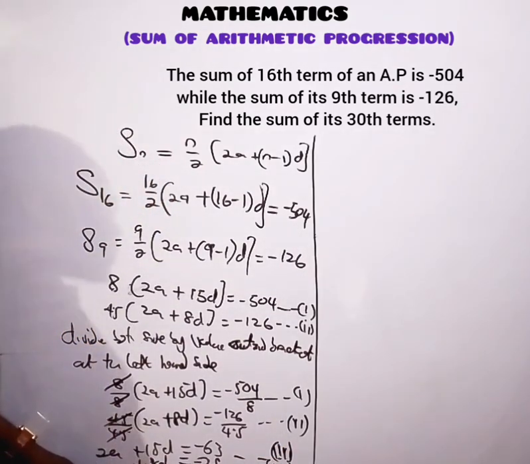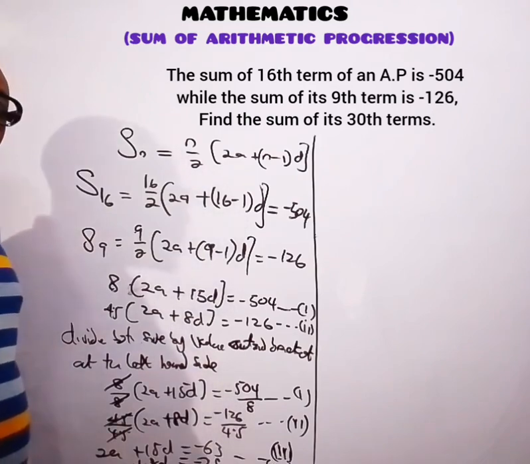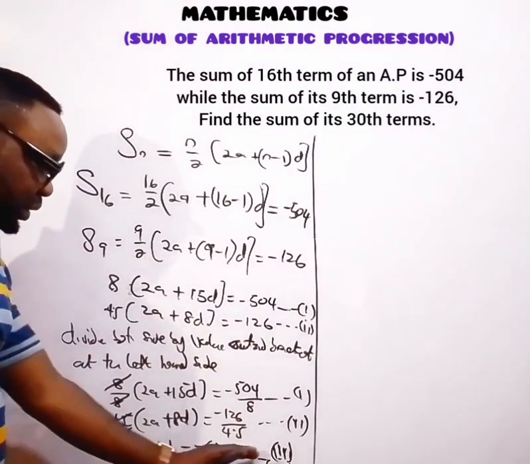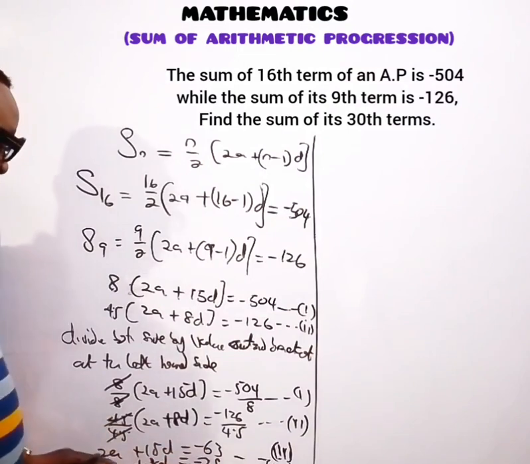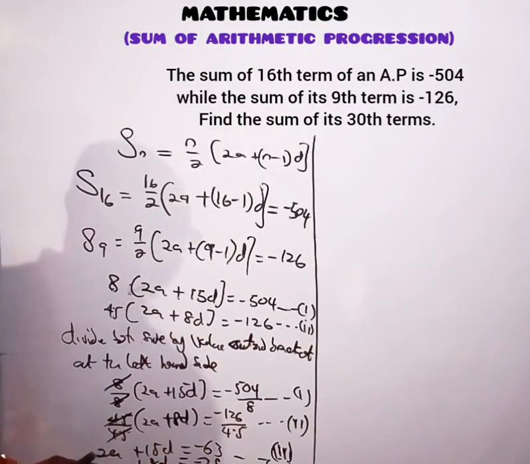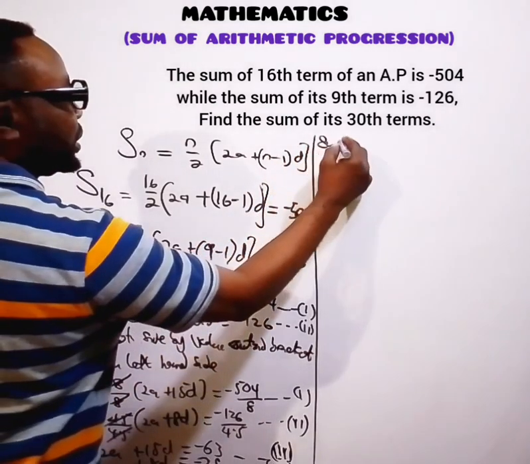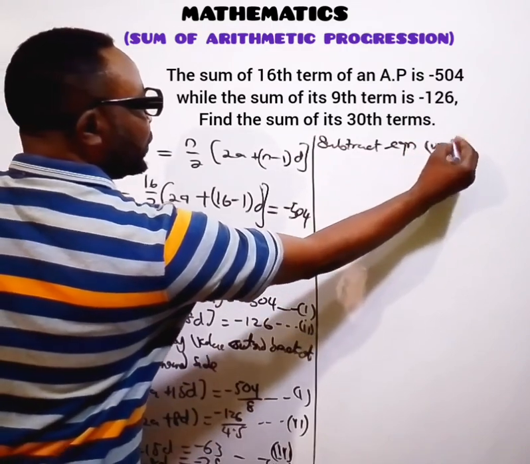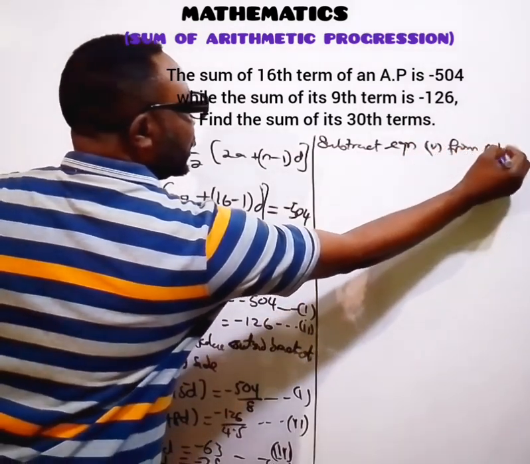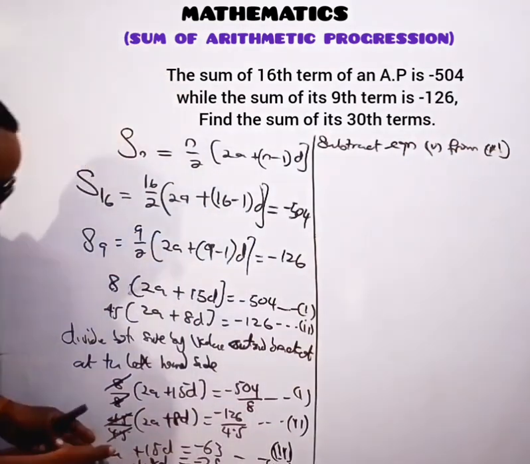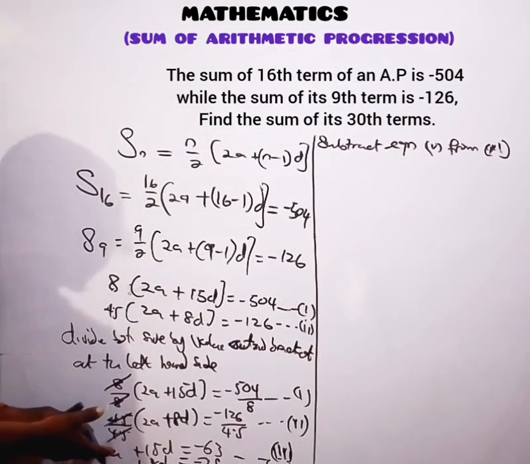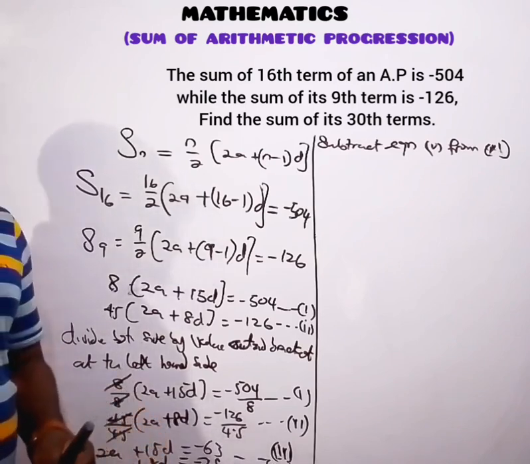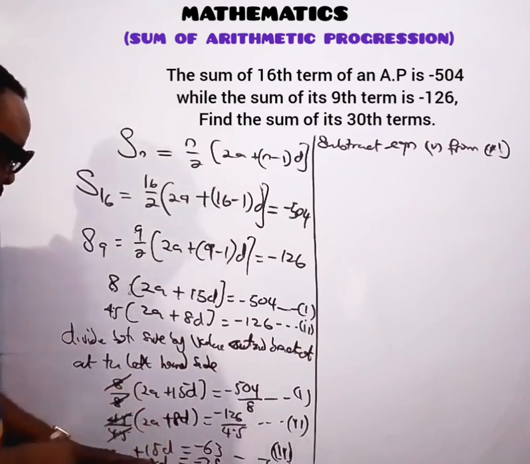For us to apply the elimination method of solving simultaneous equations to equations 3 and 4, you can now say subtract equation 4 from equation 3. So anything we have here will be subtracted from equation 3 here. 2a minus 2a, they are the same value, that will give us 0.